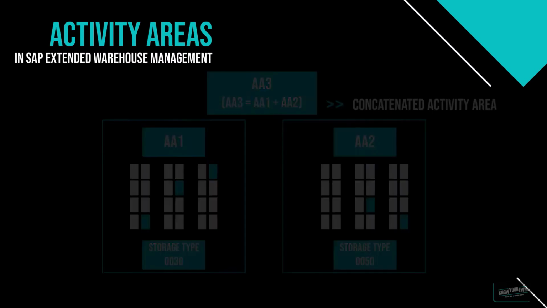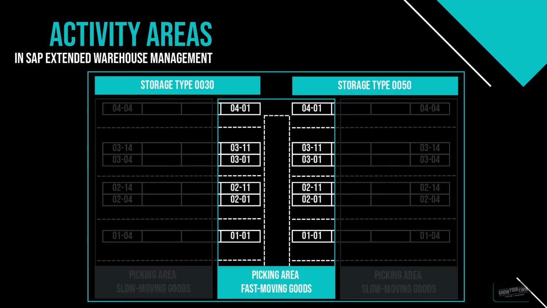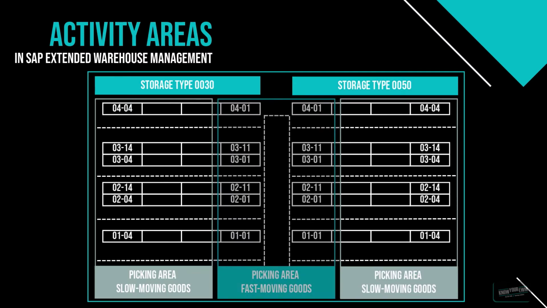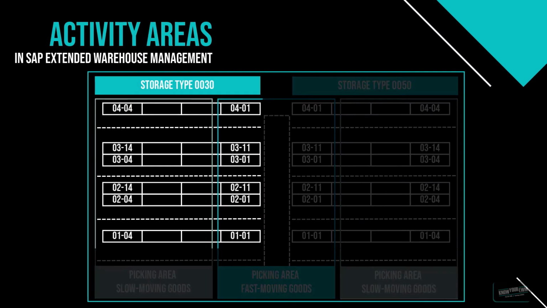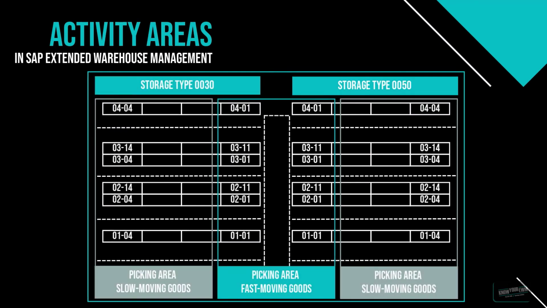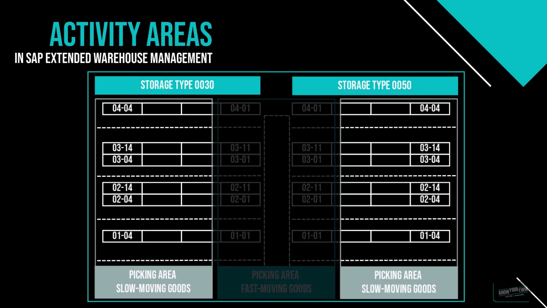Or maybe we could do something like this. In this example, we separate bins for the fast-moving goods and the ones that hold the slow-moving goods. As we can see in this picture, we combined some storage bins of the storage type 30 and some other storage bins of the storage type 50, and we assigned them to an activity area for fast-moving goods, while the rest of the storage bins are assigned to a specific activity area per storage type.